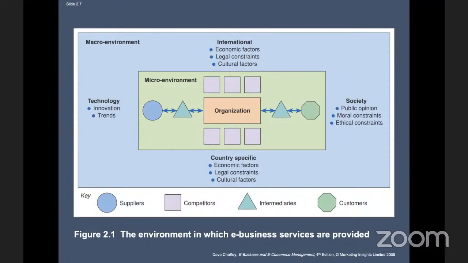Okay, in international, economic factors, legal constraints, and the cultural factors are very important, for sure, no doubt in it. The example here we can quote is the cultural factors. When you are going to some country, then you have to know what their cultures are and how you are going to select different perspectives of your product or service that you are offering, which should respect their cultural norms.